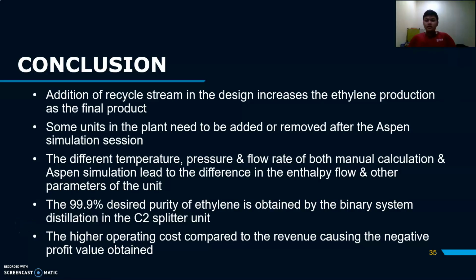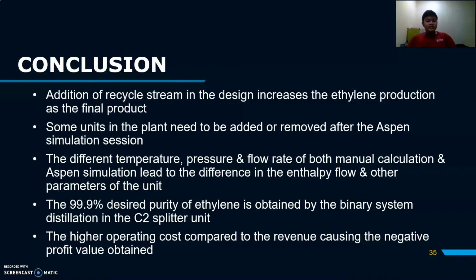Next, as the conclusion, the addition of a recycle stream in the design increases the ethylene production as the final product. Next, some units in the plant need to be added or removed after the Aspen simulation session, such as the pump and heater.